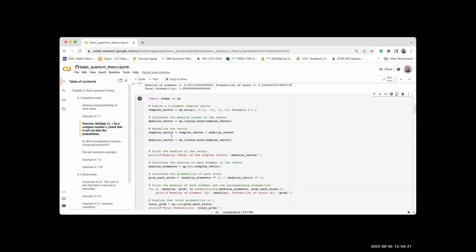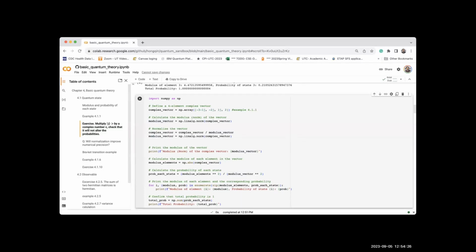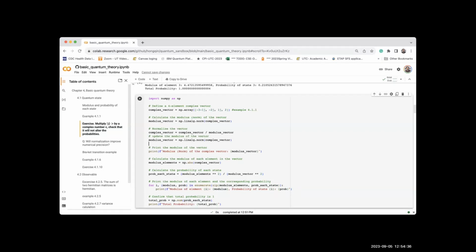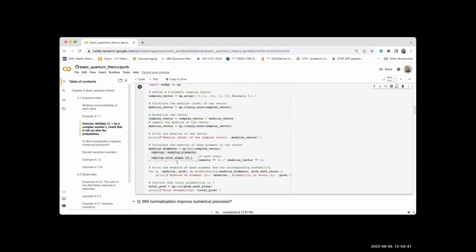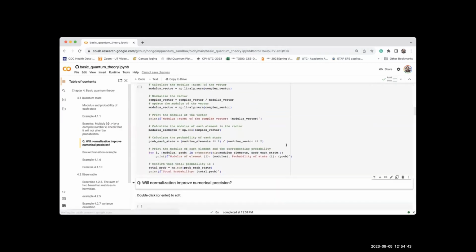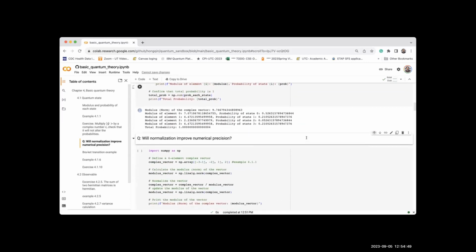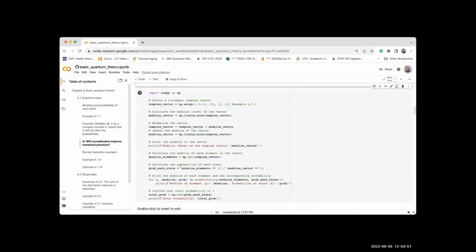You have to update the modulus vectors again too. Will that work? Okay, so we'll now.